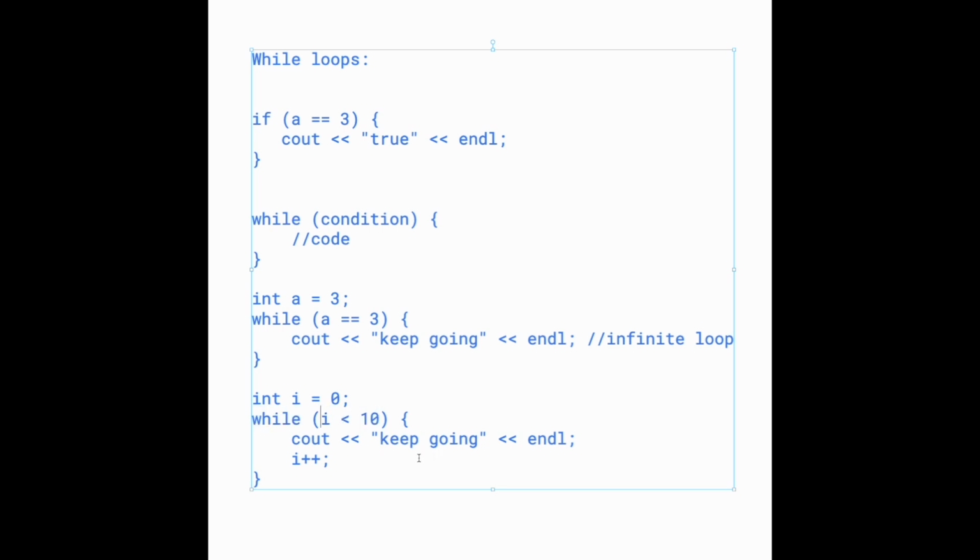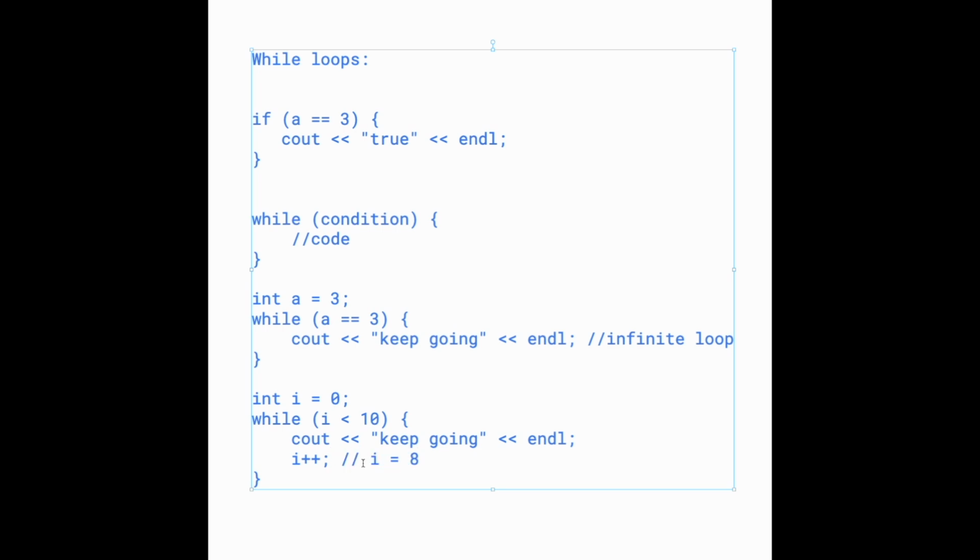It's true, so we go in here, print keep going, and then increment i by 1. So i is now equal to 1, and we check the condition again, and it's still less than 10, so we go back in here, print keep going, and increment i again.